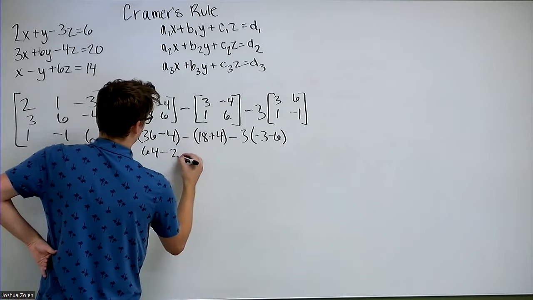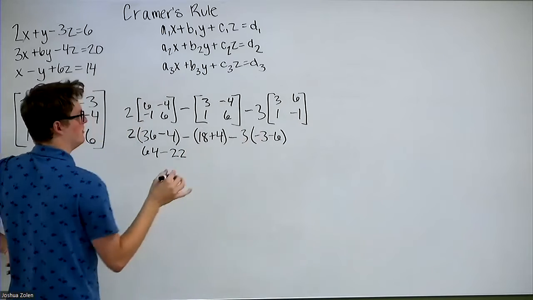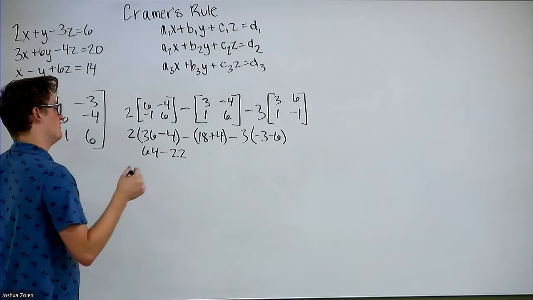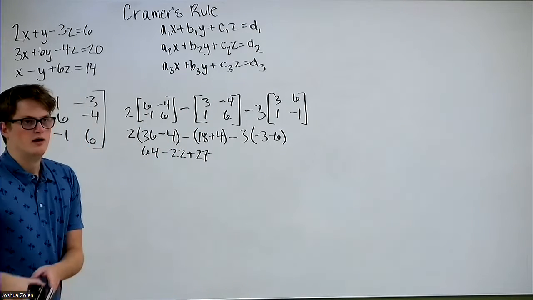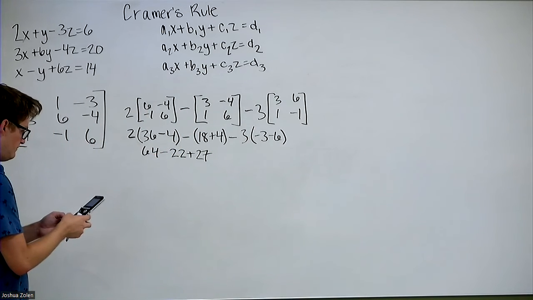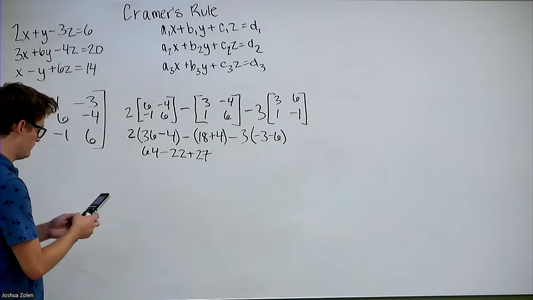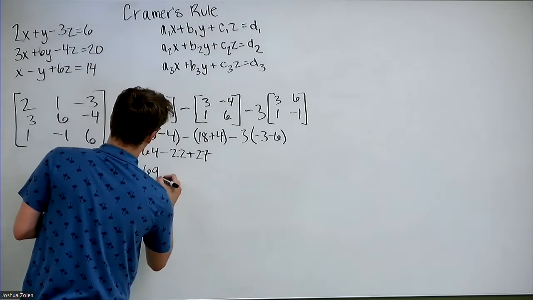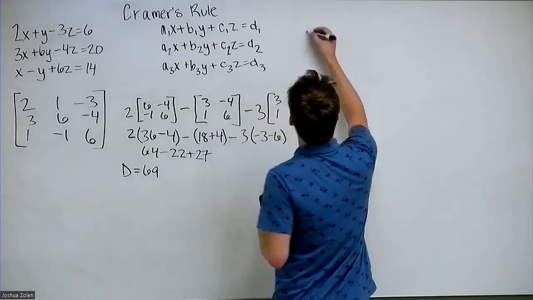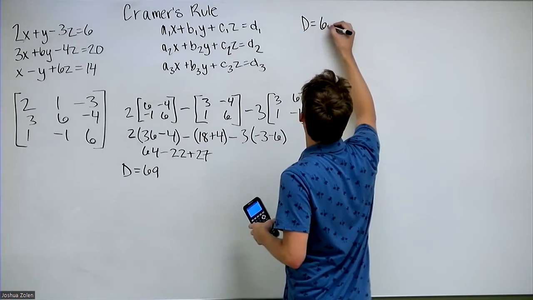Minus 22. -3 minus 6 is -9 times -3 is +27. So if we add this all up, we get the determinant is equal to 69. And we will use this information later, so I'm going to put this all over here.